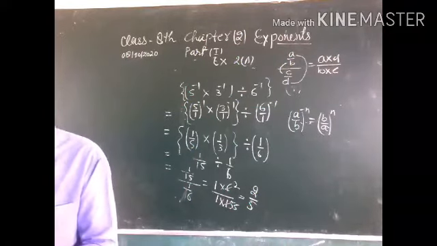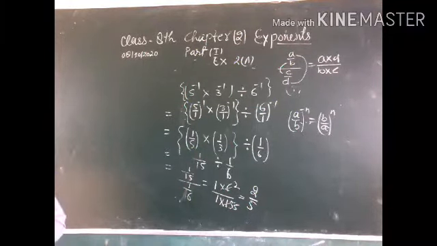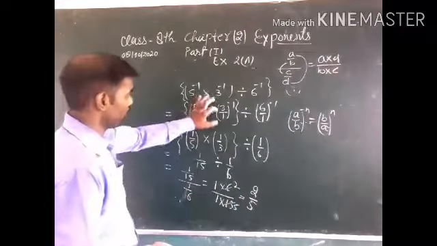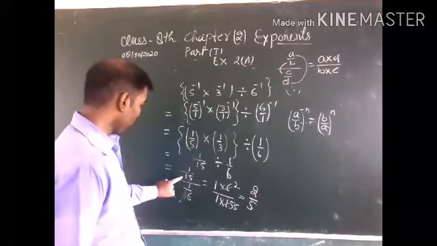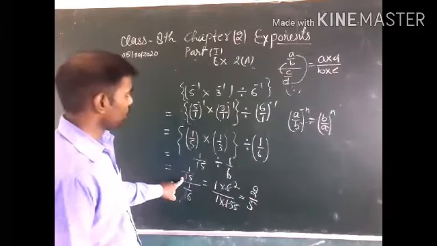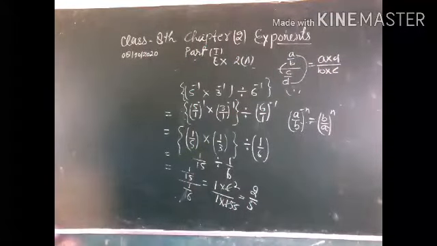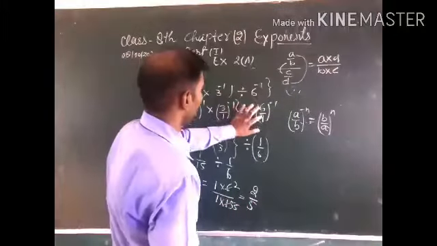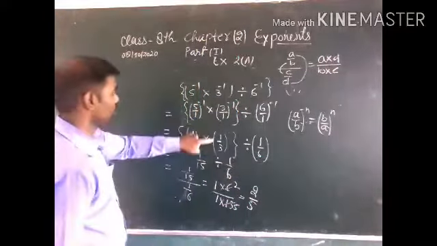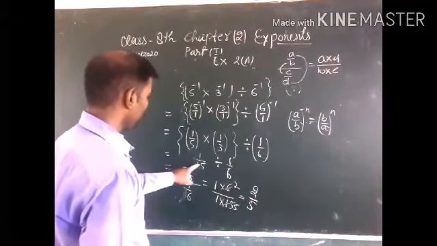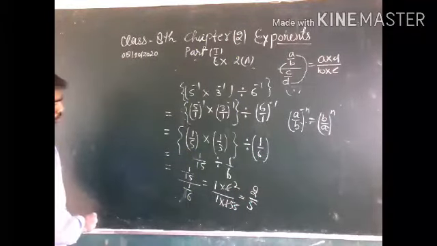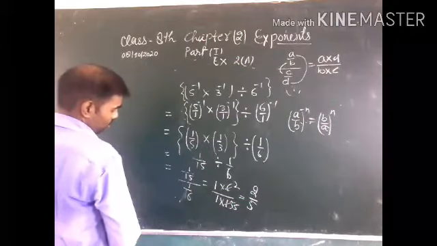Question number 7 in exercise 2a. There is some error, since the book's answer is given differently. Let me recheck: 1 by 5 into 1 by 3 is 1 upon 15, divided by 1 upon 6, which gives 2 by 5.